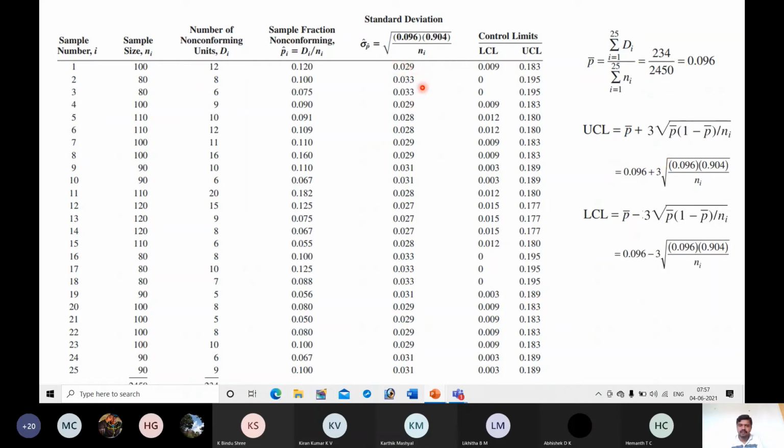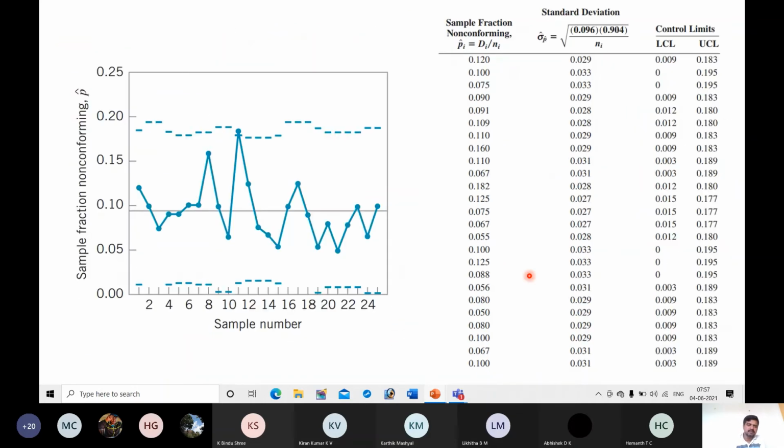Here 0.029 is the value of root of 0.096 into 0.904 by Ni, given by this column. You have to find this first, before finding the control limits. Now you can see the lower and upper control limits are different for different samples. It is not constant.